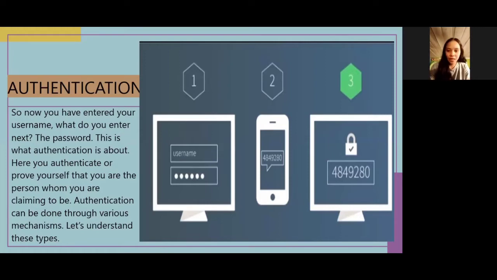Kapag nag-login ka, mag-authentication yung magte-text sa'yo yung password para ma-claim na ikaw talaga yung nag-login. Pag hindi mo nilagay yung code na yan, ibig sabihin hindi ka makaka-login kasi hindi sa'yo yung sariling account na yun. Kaya kailangan mo ng authentication para maka-login sa account.